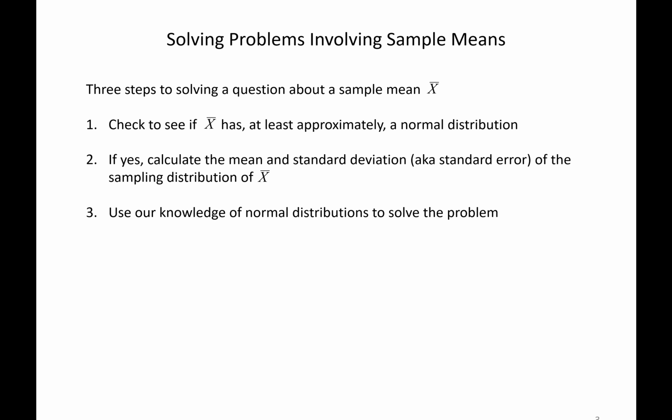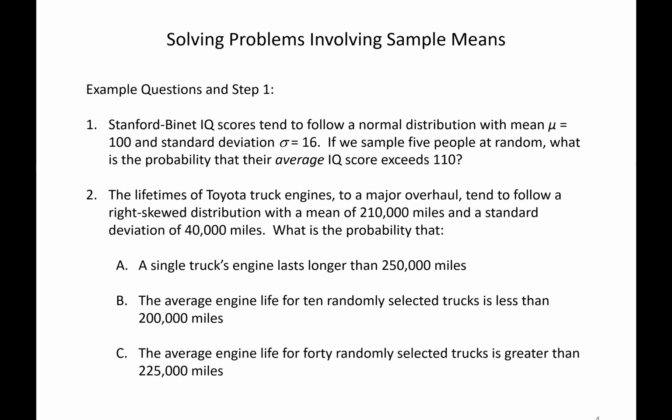If it is at least approximately normal, then we need to calculate the mean and the standard deviation of x bar. And then once we have that, we already know how to find probabilities associated with normal distributions because we've learned those already, so we just need to apply those to that problem.